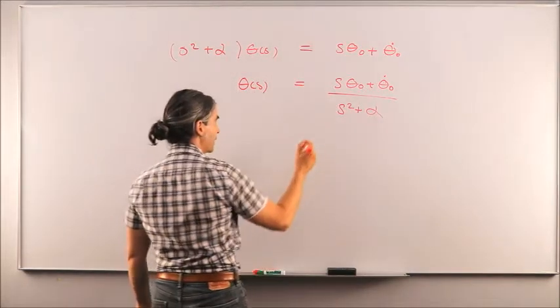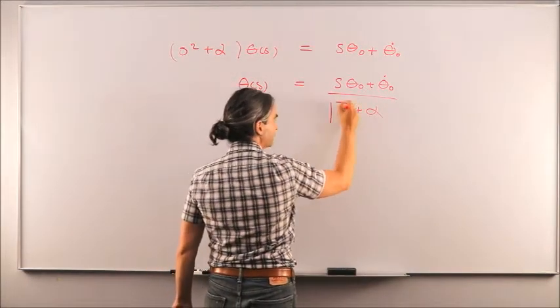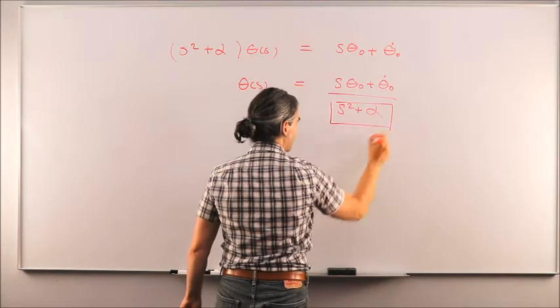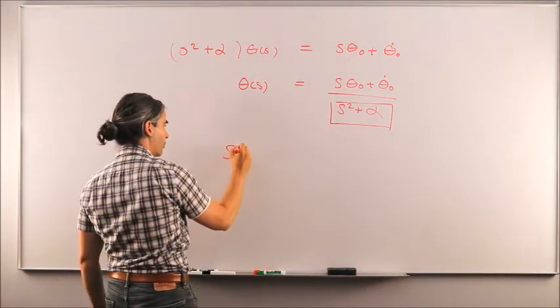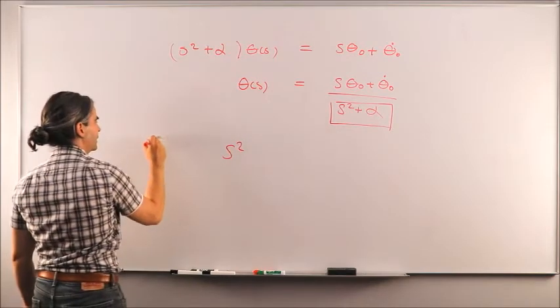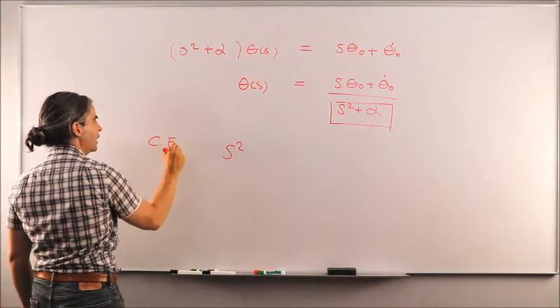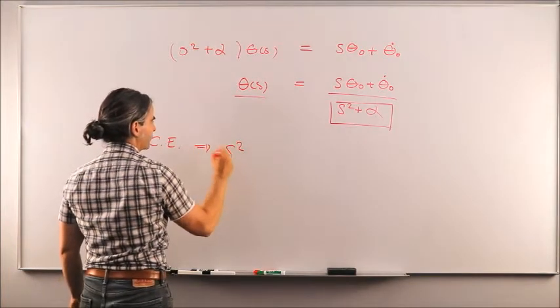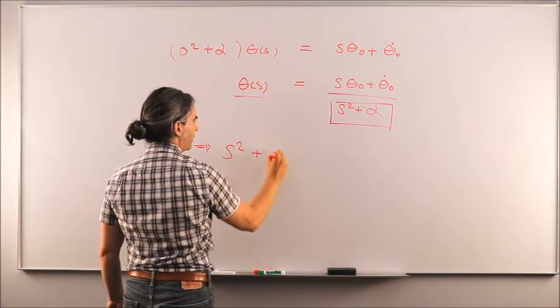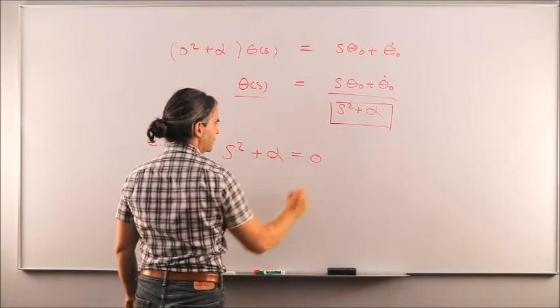All we have to do again is look at the denominator and set it equal to 0, in other words write what's known as the characteristic equation for this variable: s squared plus alpha equals 0.